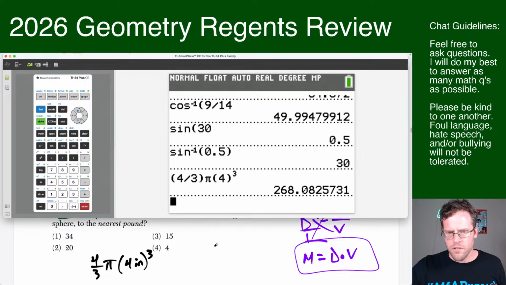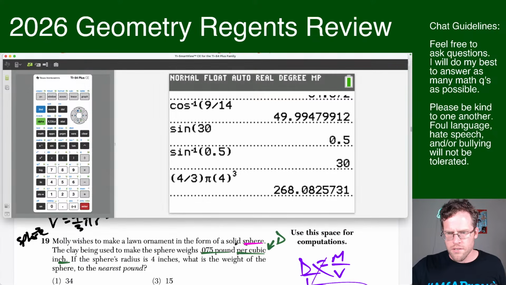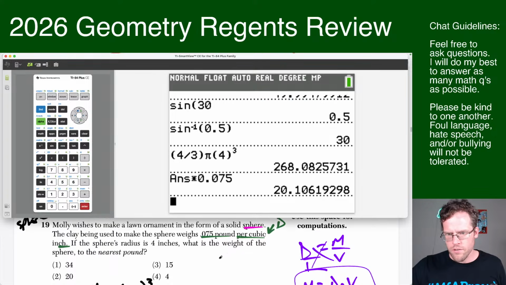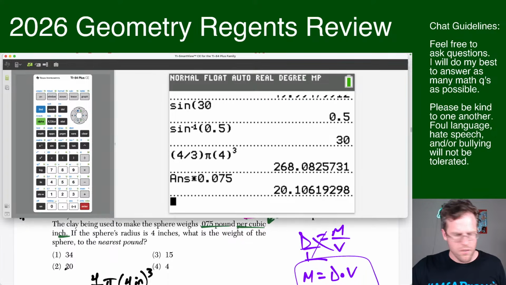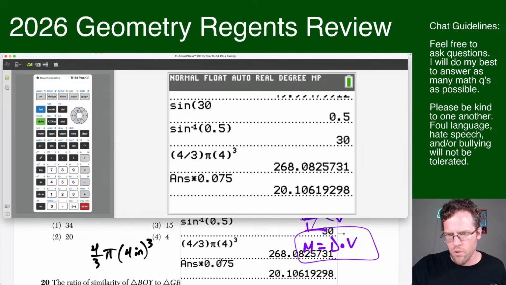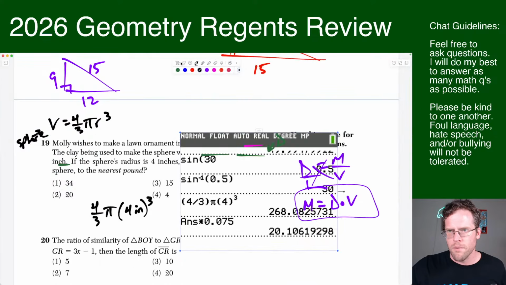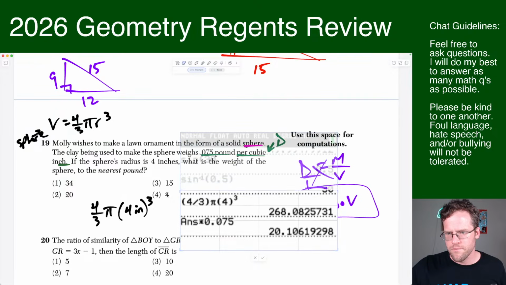So that's the volume here, unrounded. But then the density is 0.75 pounds per cubic inch. So I'm just going to multiply by 0.75. And it looks like 201. Choice 2 is going to be our answer. But I'll show a little bit more why, because that might be a little confusing.